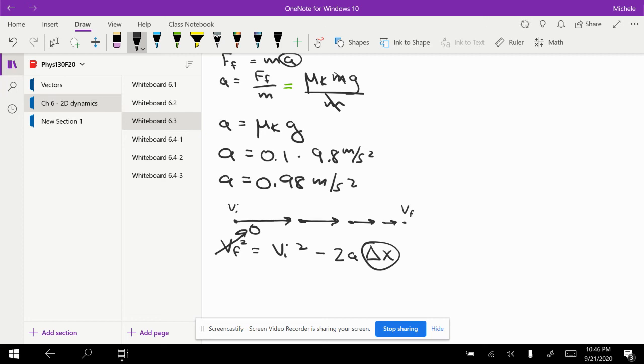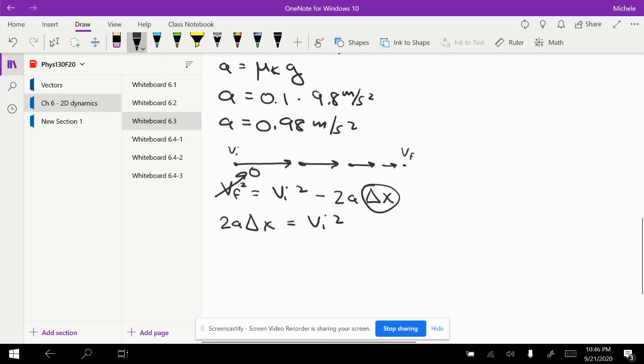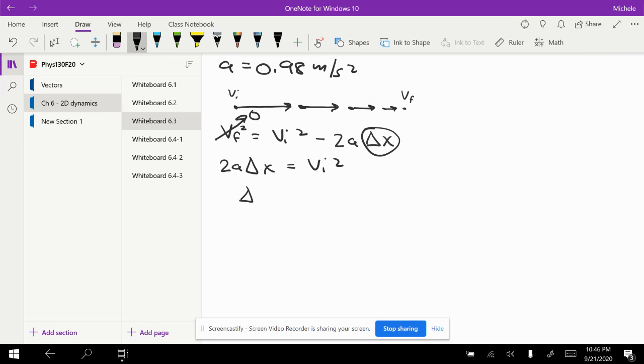So I can see here that if I bring that to the other side, I'm going to have 2a delta x is equal to v initial squared. So delta x is equal to v initial squared over 2a. I just divided both sides by 2a here to get delta x alone.